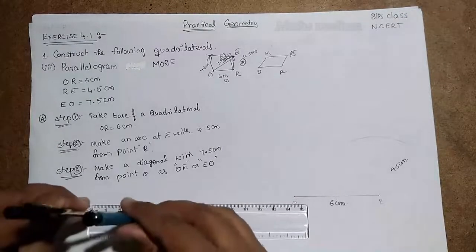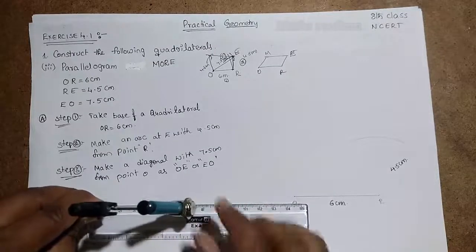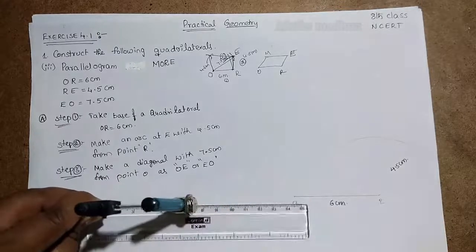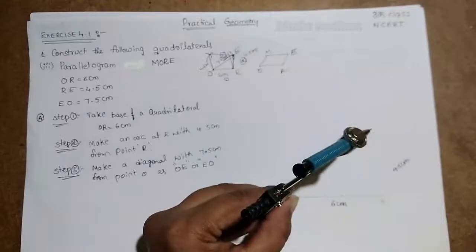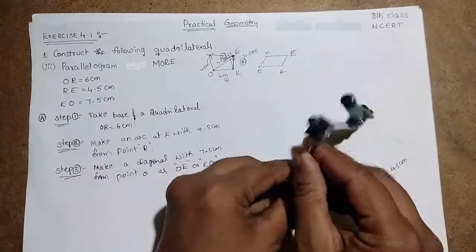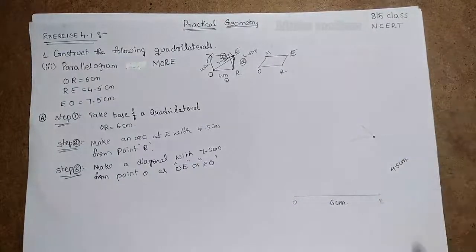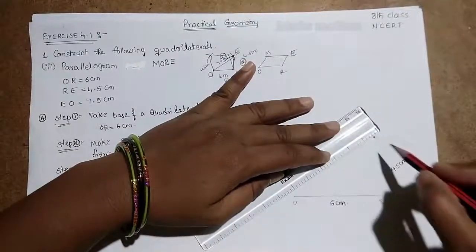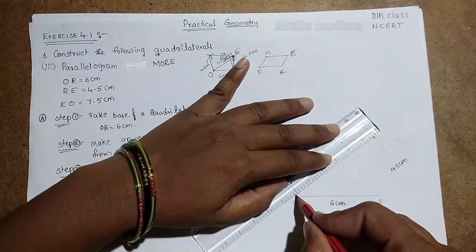This is 0 and this is 7.5. Put the compass point at O, then make an arc here. This is the cutting point of the two arcs. So draw a line connecting those two points.